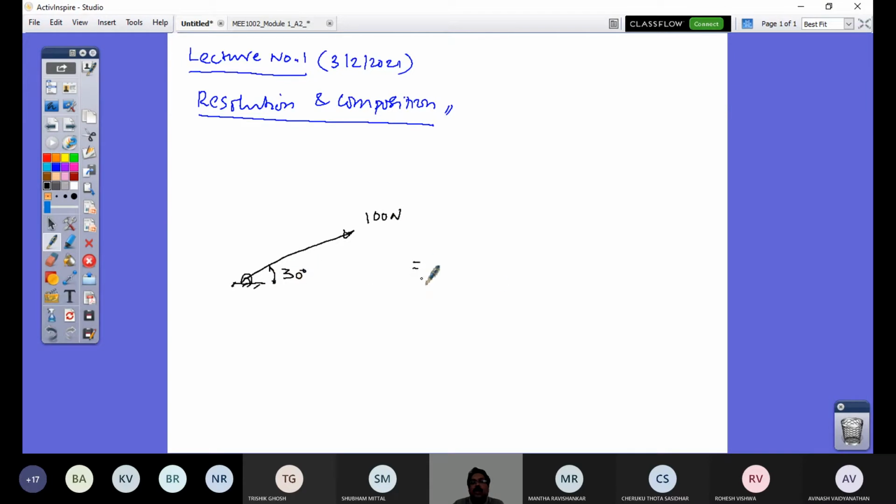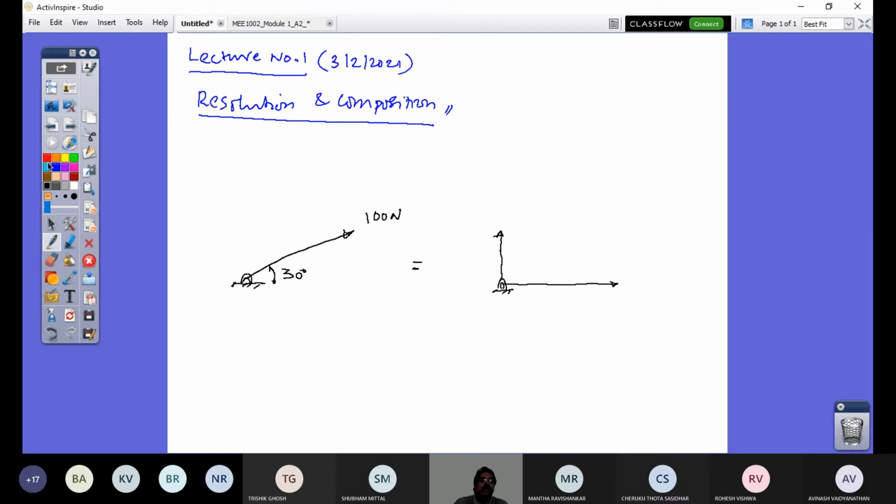I would ask you now to replace this force by two forces, one acting along the horizontal direction, another along the vertical direction. So that will not change the effect. The reaction felt at this hook is the same if this 100 Newton force alone acts, or I replace it by two forces, one horizontal and another vertical, with that magnitude. It would have the same effect, which is what is called a resolution of a force.